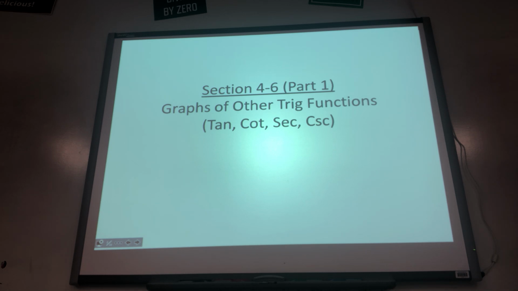So the way I'm going to start this out is I'm going to put up here what the parent functions look like for tangent and cotangent. You will want to have this stuff down because once we start our examples, you have to know how the parent functions started out.